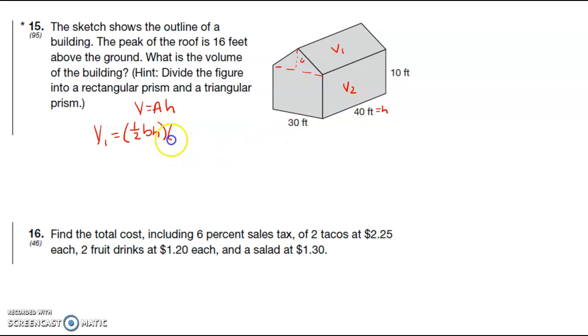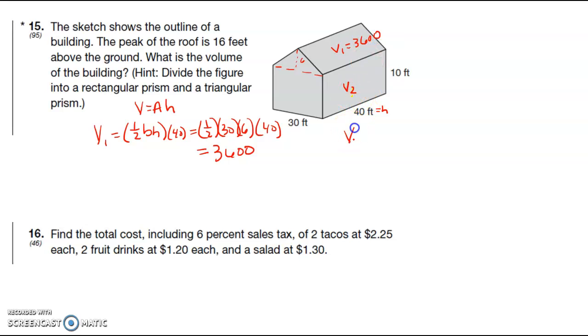That's 1/2, the base is 30, the height is 6, times 40. Let me get out my calculator. 6 times 40, and I get 3,600 for this top one.